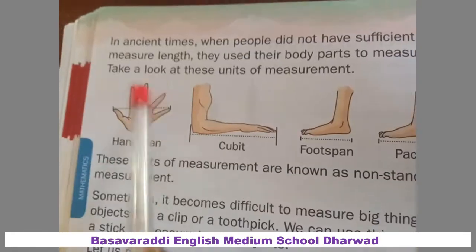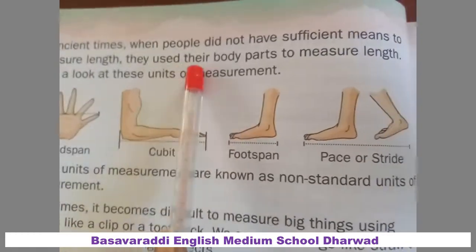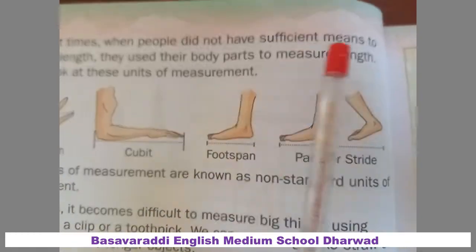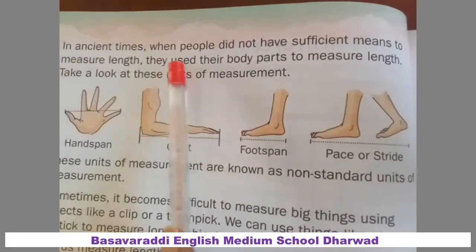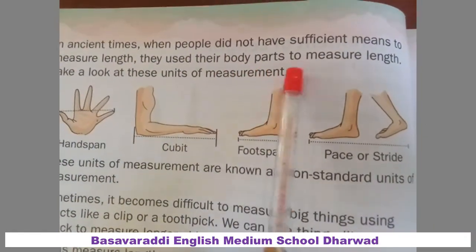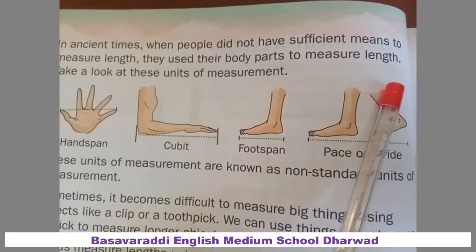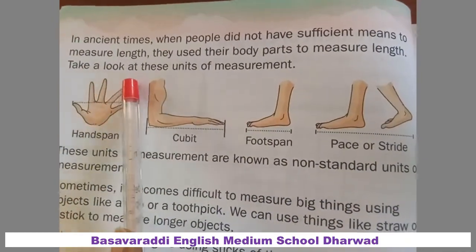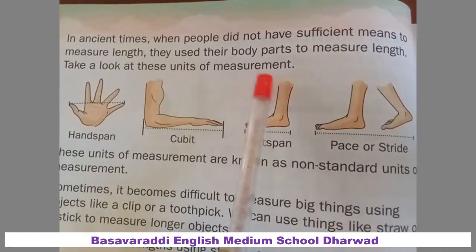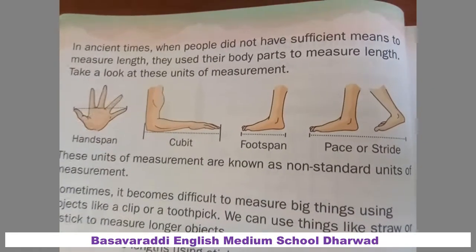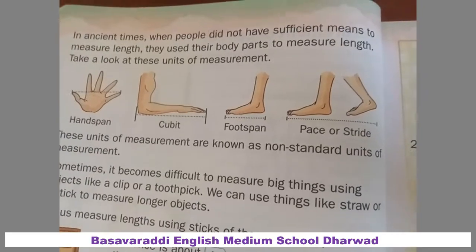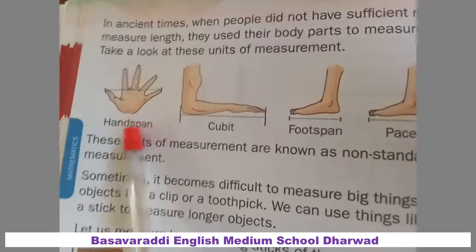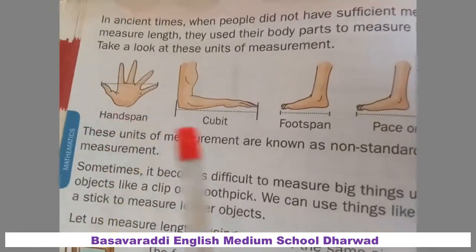In ancient times, when people did not have sufficient means to measure length, they used their body parts to measure length. Take a look at these units of measure. In olden days, they measured with parts of the body.